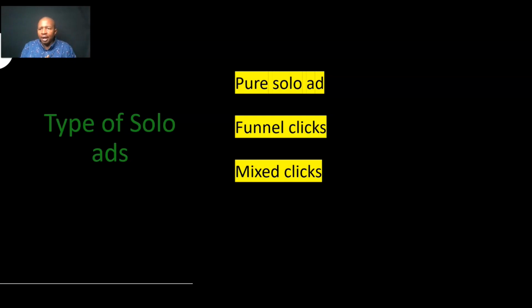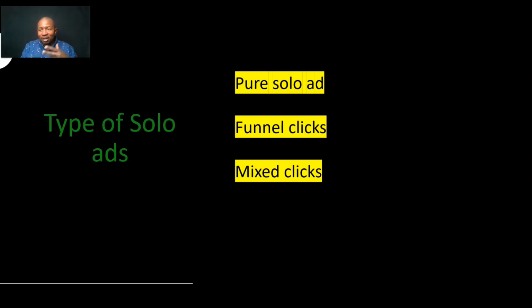The objective is to build the email list, and by building the relationship, we of course create results. A quick piece of advice: when you approach a solo ad vendor, tell him that you want a pure solo ad first, and that you want to write the ad copy, because the ad copy needs to be congruent with the offer.